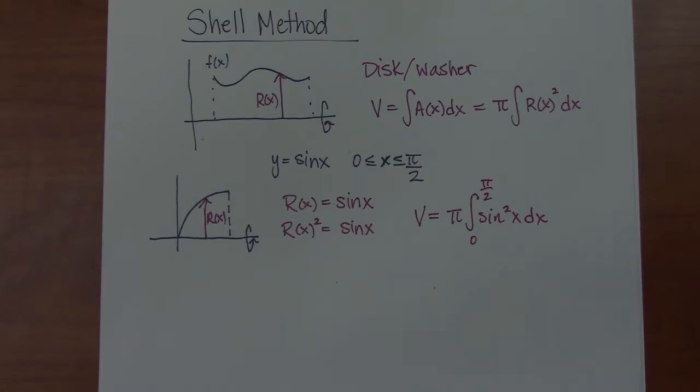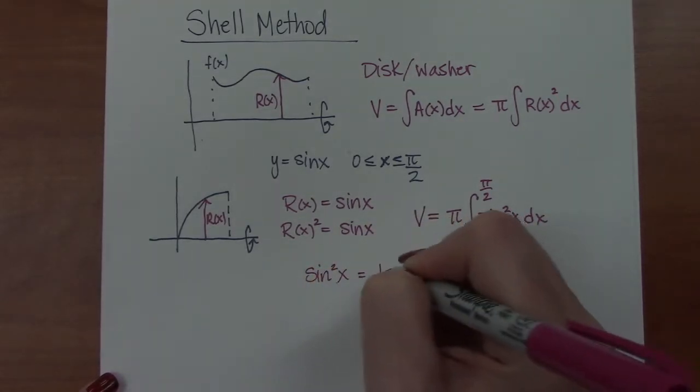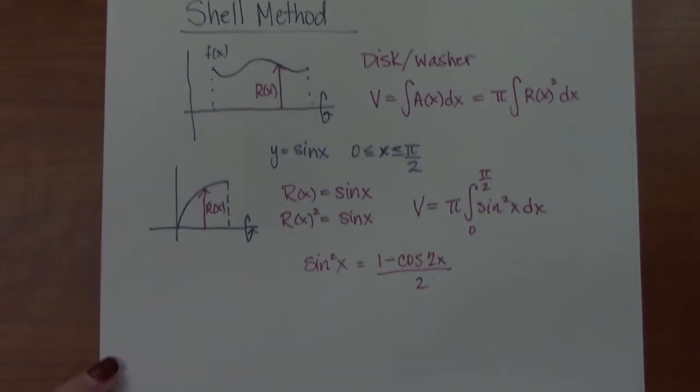When you were learning this in Unit 1, you technically did not really know how to integrate sine squared x, because we hadn't gotten to the trig integrals yet. But to integrate sine squared x, we sometimes throw this into the mix as a sneak peek. There is a trig identity that lets you rewrite sine squared into something you can integrate. We used it in our example in sequences and series when we wanted to find the series of sine squared or cosine squared. So sine squared x can be rewritten as 1 minus cosine 2x over 2.